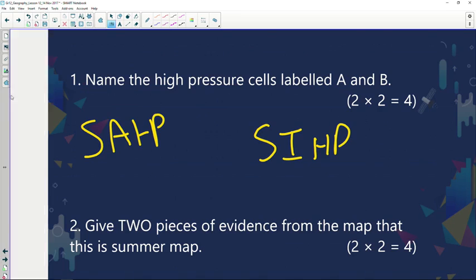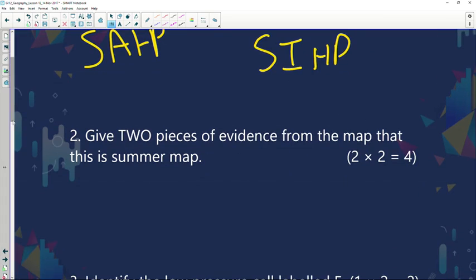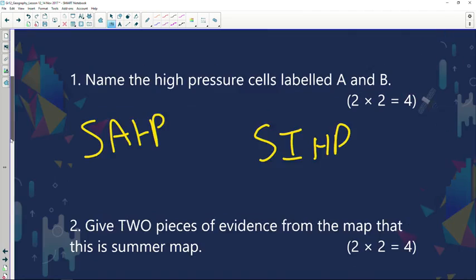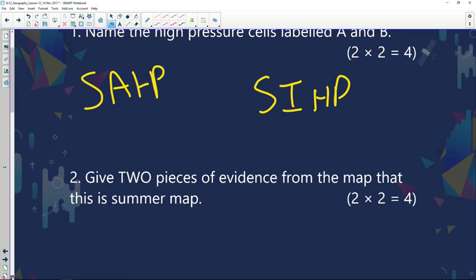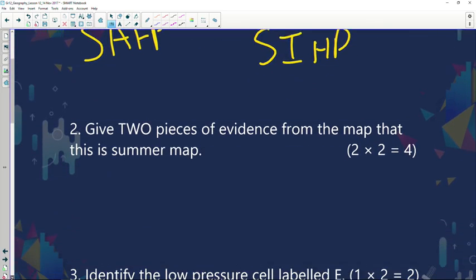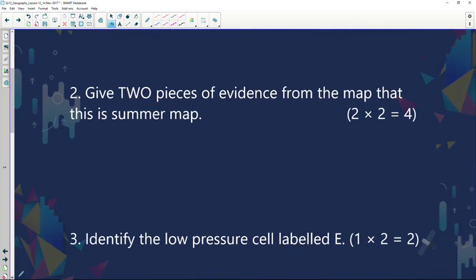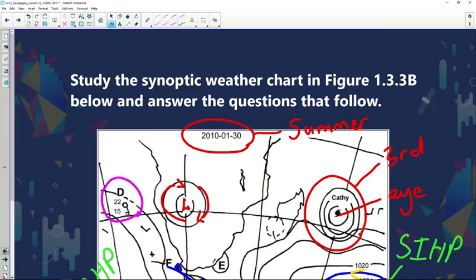If we look at our third question, that was the second question. Just want to get to the third question. Identify the low pressure cell labeled E. Let's quickly go and have a look at that. E over there.